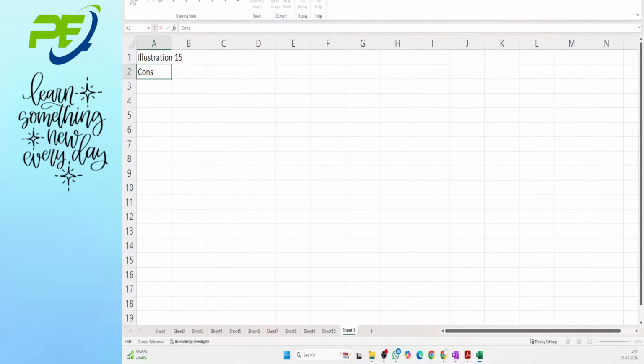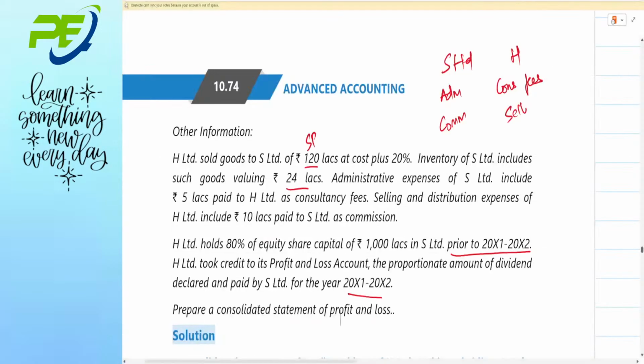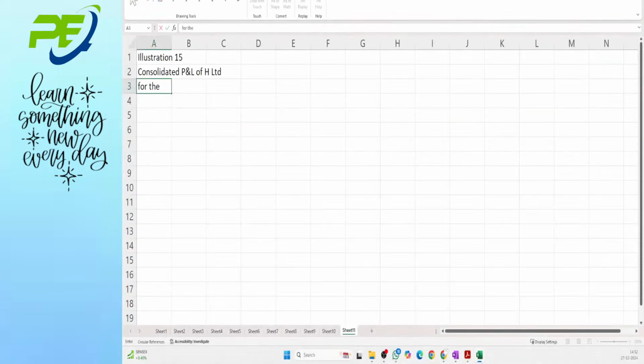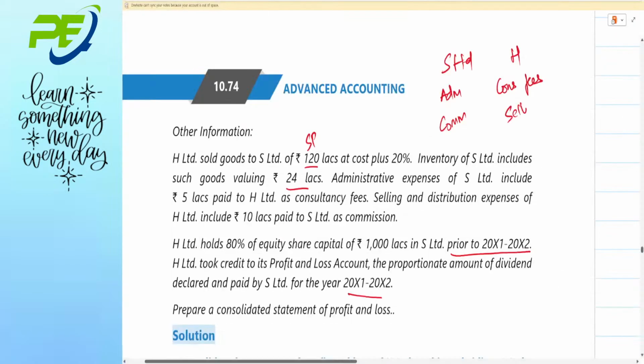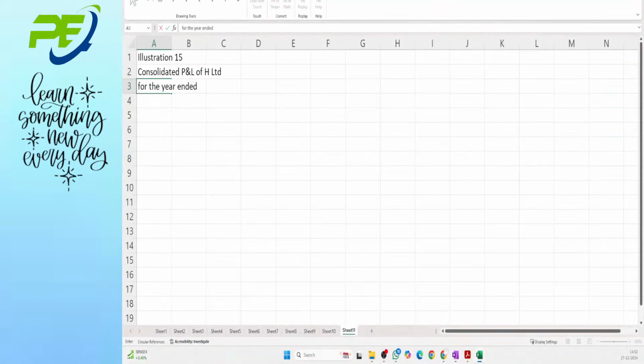So, consolidated P&L of H Limited for the year ended 31st March 20x2. Bhaiya, here note number required?